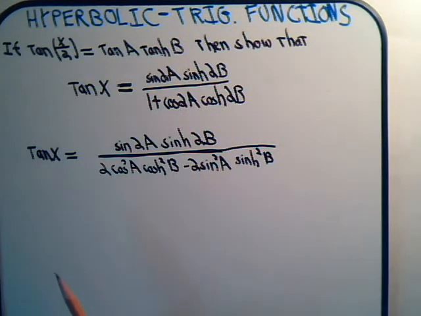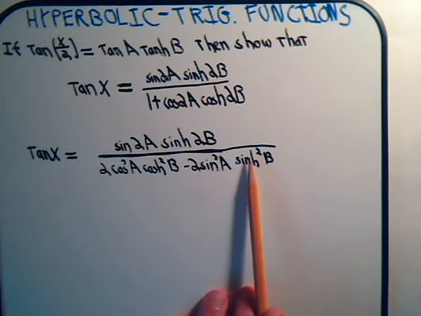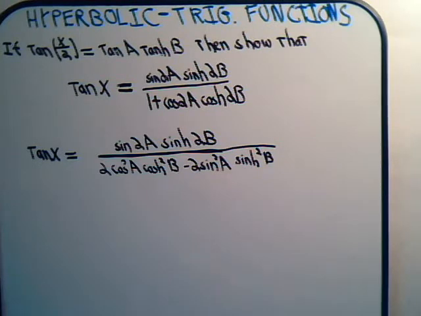But there's nothing here that we can factor out yet, because this is being multiplied by a hyperbolic cosine squared of b, and this is being multiplied by a hyperbolic sine squared of b.